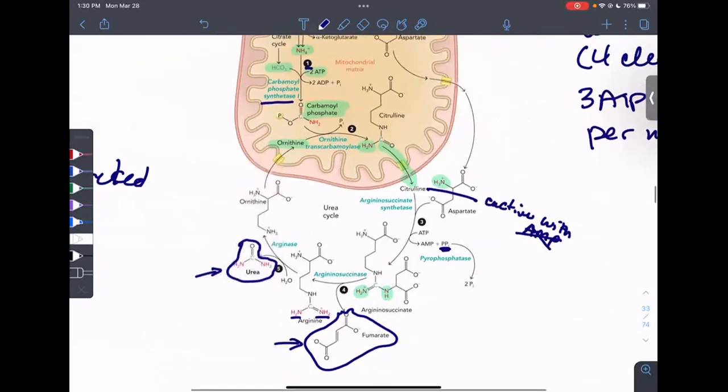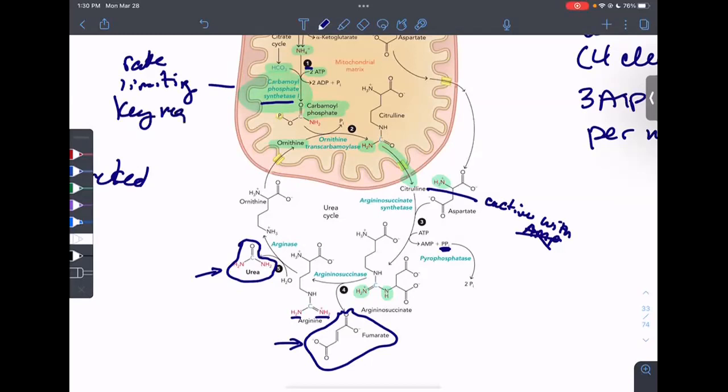So what's the rate limiting step of this, right? The rate limiting step is right here. It's carbamoyl phosphate synthetase. This is the rate limiting step, and it's the key regulator. Right there, and like I said before, there's a cytosolic version.